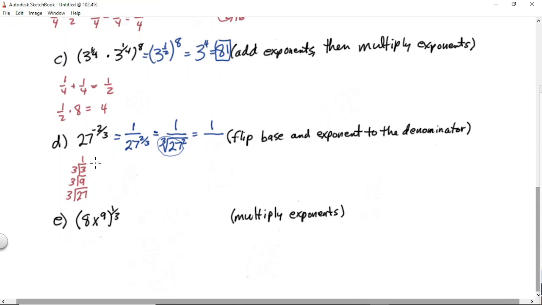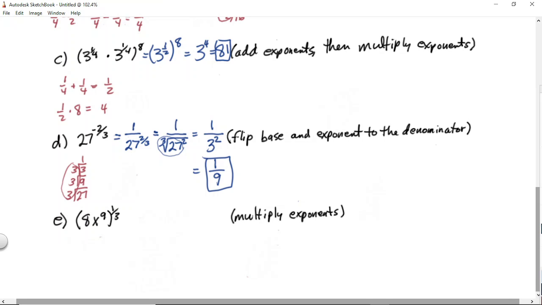So the index is 3, so we're looking for groups of 3, and we have a group of 3. So we bring out that, and now we do the exponent, okay? Raise it to the second power. And now we evaluate that. 3 to the second power is 9. And that's it.